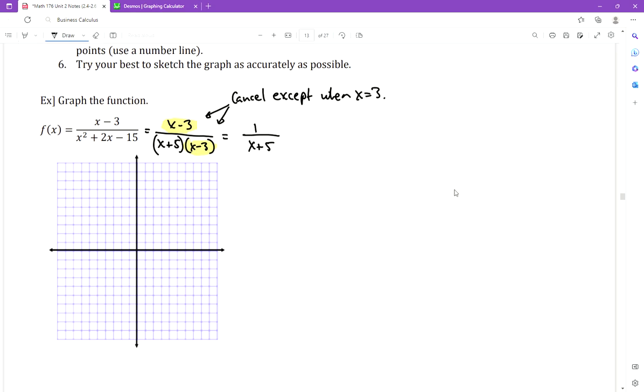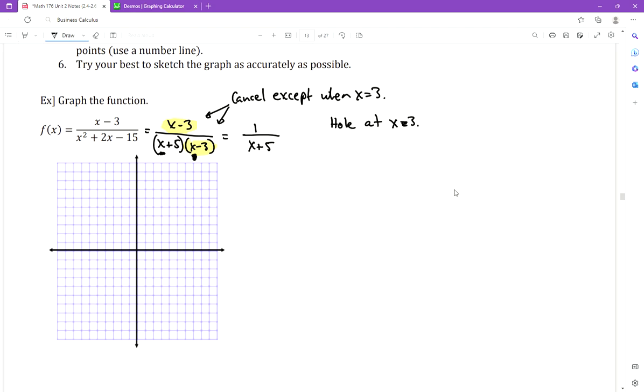Okay, the reason for that is because when x is 3, you notice, if we plug x equals 3 in right here where I'm bolding, that would put a 0 down in the denominator. And we know division by 0 is undefined. Okay, so what we currently have in this place is a hole at x equals 3.